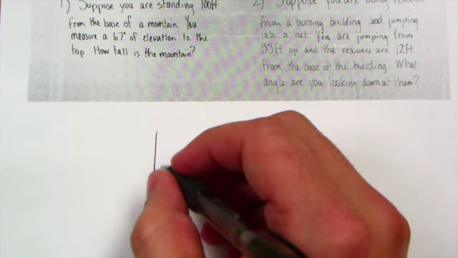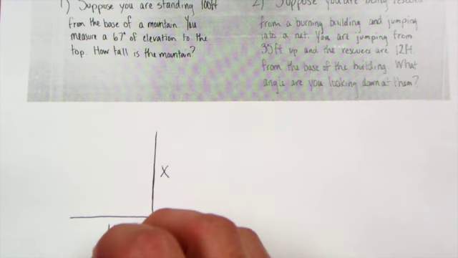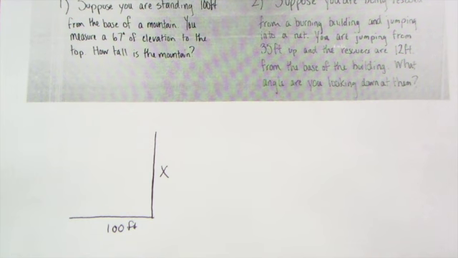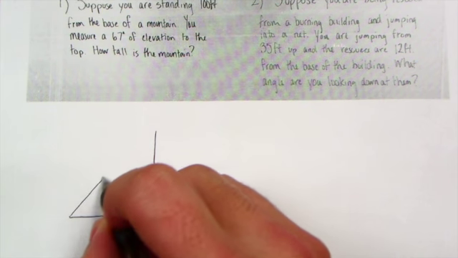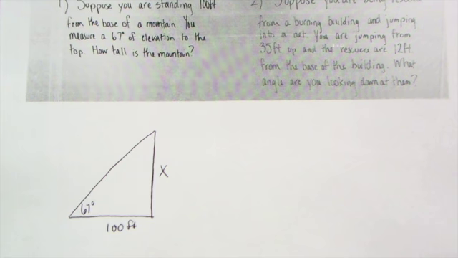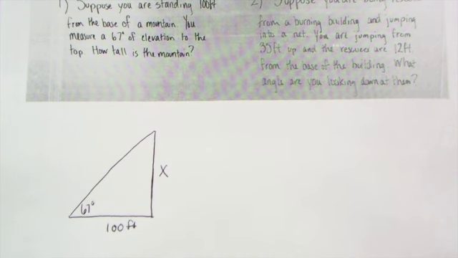This mountain is some x height, and I am standing 100 feet away from the base of the mountain. And then it says that the angle of elevation to the top is 67 degrees. What is the height of this mountain?